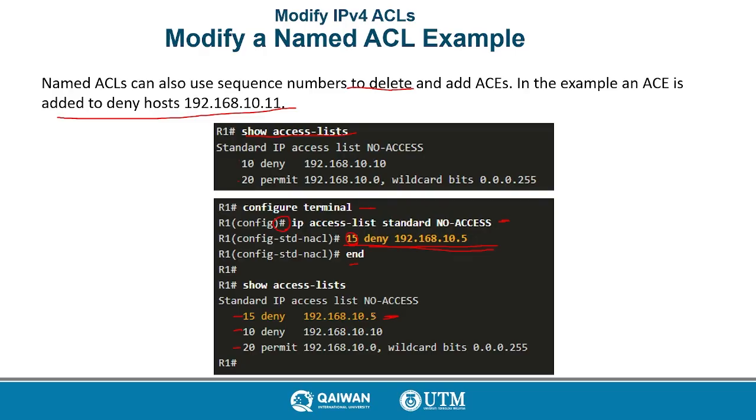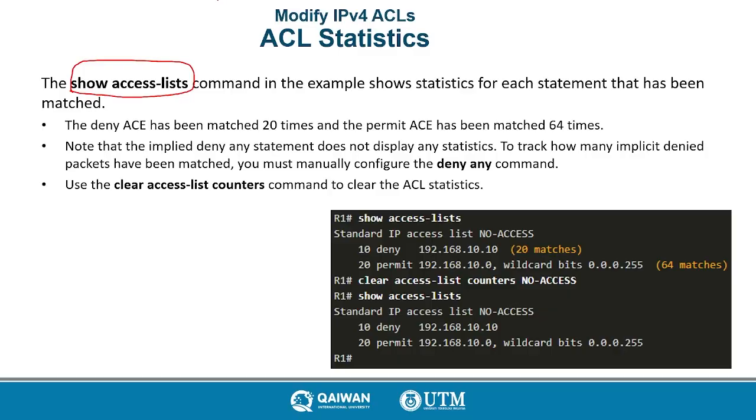Over the IP address 192.168.10.5. Modify IPv4 access list. Let's say the show access list command in this example shows the statistics for each statement that has been matched. It means how many times this one has matched, how many times this IP address tried to connect to something or connect to a server.